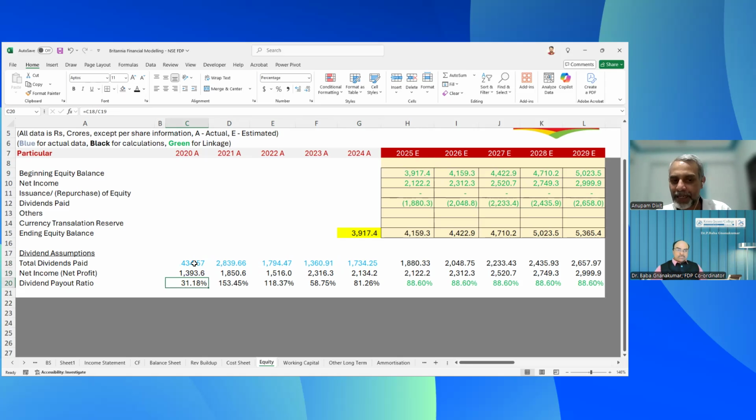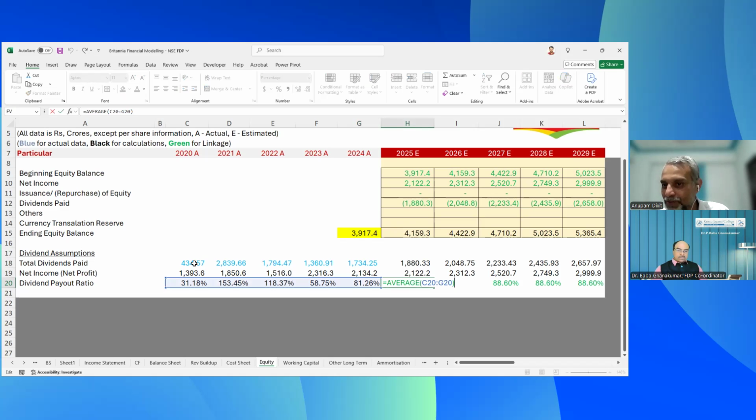And we figured out 31% in the first year, 153, 118, 58, and 81.25, right? So many times when there is a large difference in these numbers, we remove the outliers and take the average of the balance of those values. In this case, we have taken the average of all these values, right?